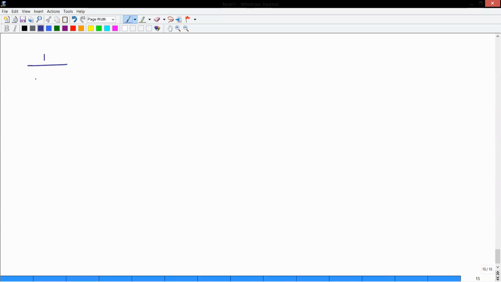Suppose if it is root of 51, up to 169. How do you write your answer as?